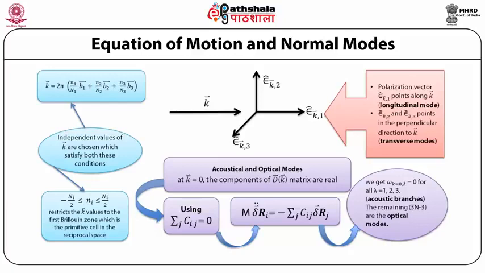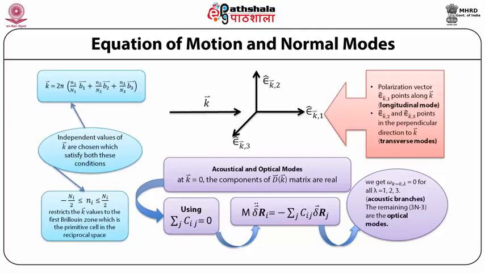So again it basically implies that if some of the allowed values of k go out of the first Brillouin zone, then they can be brought back to the first Brillouin zone by an appropriate lattice vector G that you apply to k, and then you get back all those allowed k values inside the first Brillouin zone. So the first Brillouin zone is the most important, because after all the second, third and so on are all periodic repetitions.